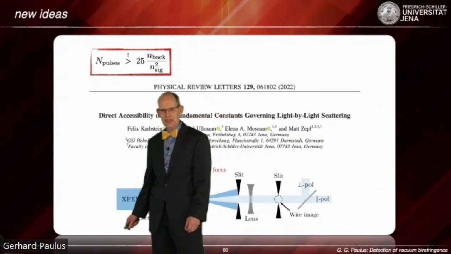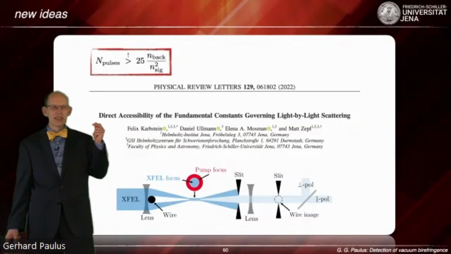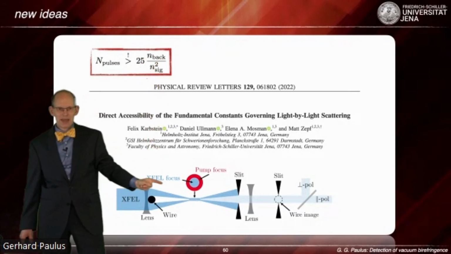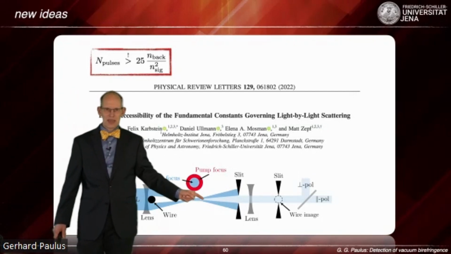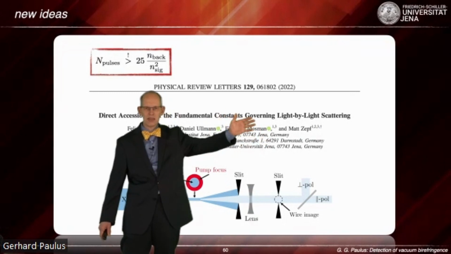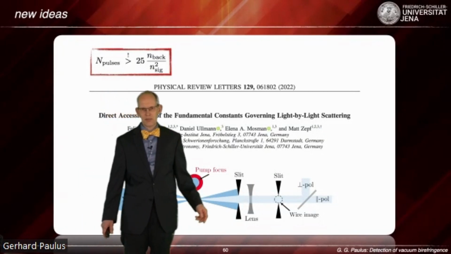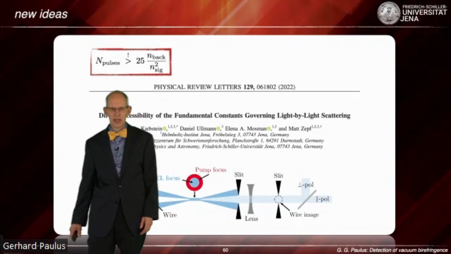Okay, there are some newer ideas by my colleagues Matt Zepf and Felix Karpstein, and the idea is to suppress these background photons even more by using an idea that is familiar from high harmonic generation, namely that you make a shadow in the X-ray laser's beam, such that the signal photons, at least those scattered in direction of the X-ray laser beam, can be discriminated from the background of the X-ray laser beam, right?